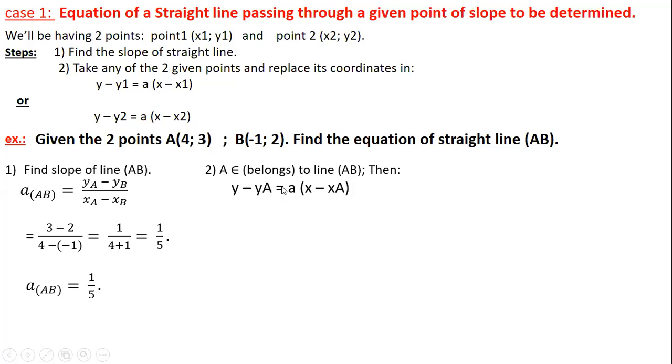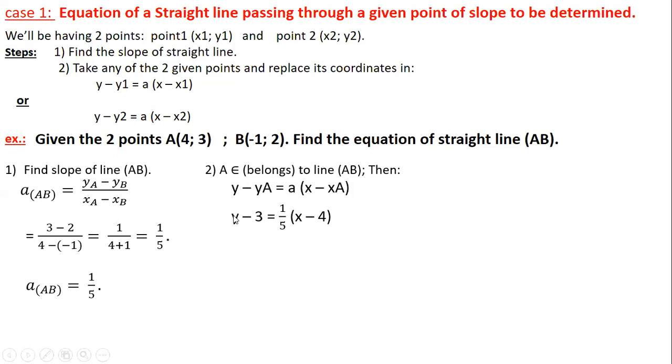Equal. What is the slope? Tell me, what is the slope? Guys? The slope is 1 over 5. So I replace the slope by 1 over 5, into x minus, what's the abscissa of A? 4. So I replace the abscissa of A by 4. So this is what I do.